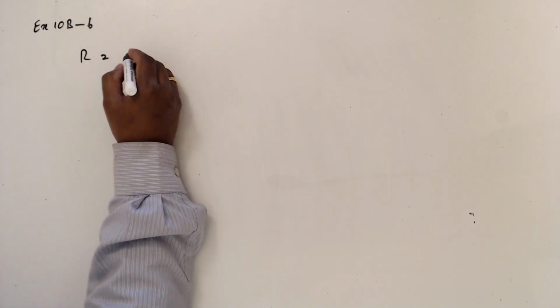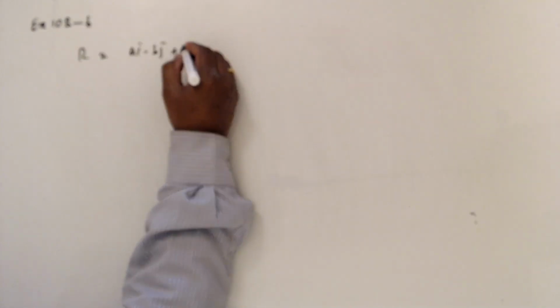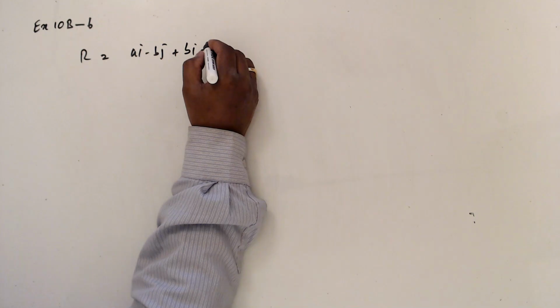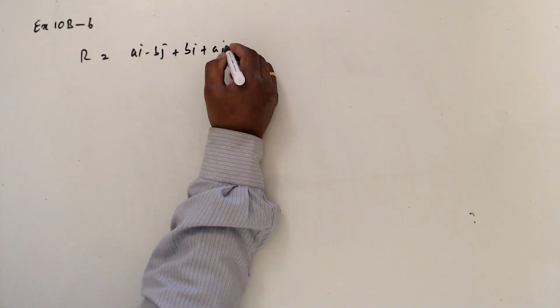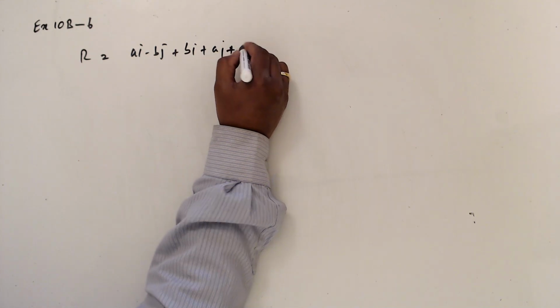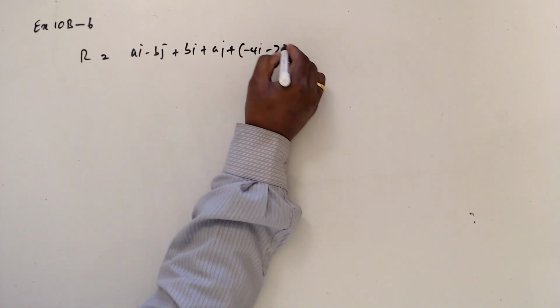The forces are in equilibrium, so ai minus bj plus bi plus aj plus minus 4i minus 2j.